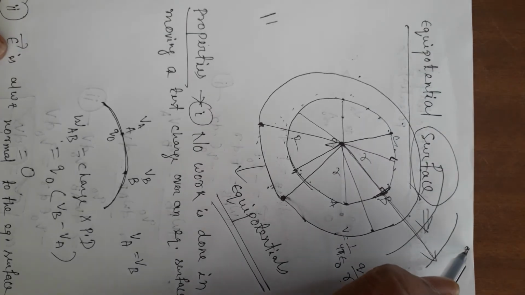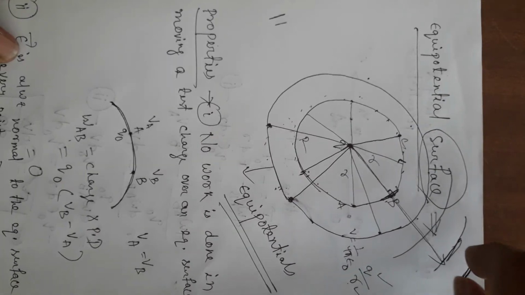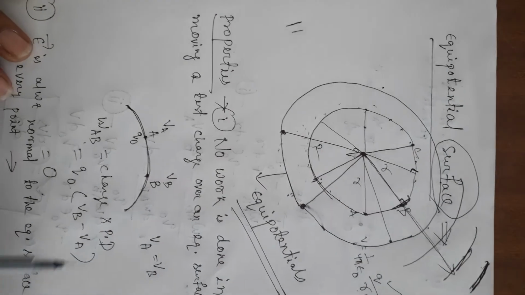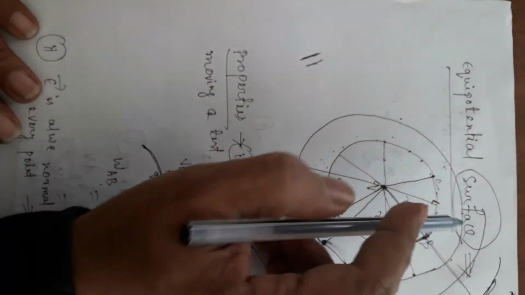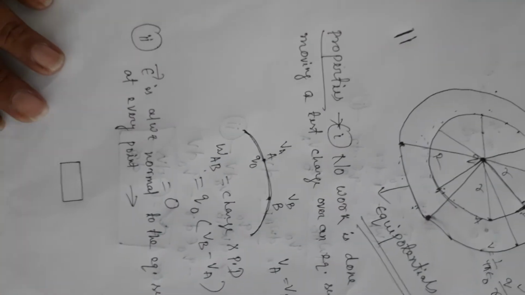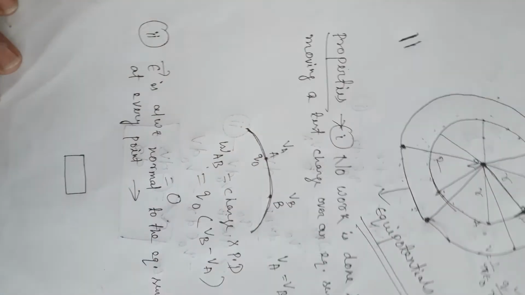If we take a small context, these two lines are represented as parallel lines. They are parallel to each other, though here it is a curved surface.